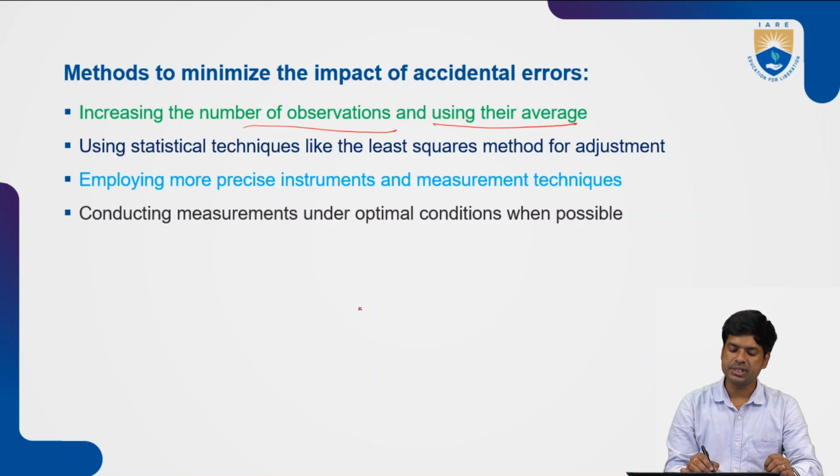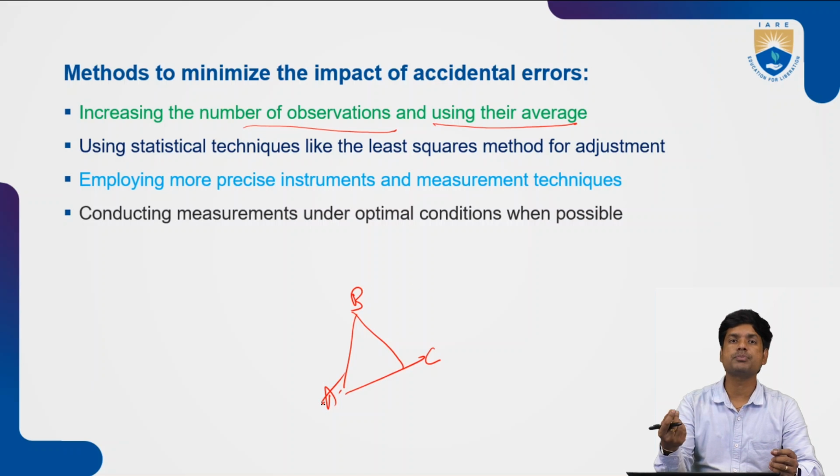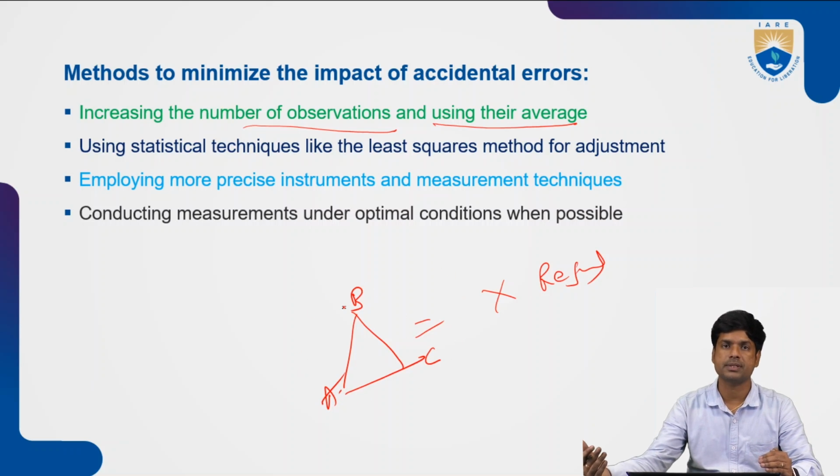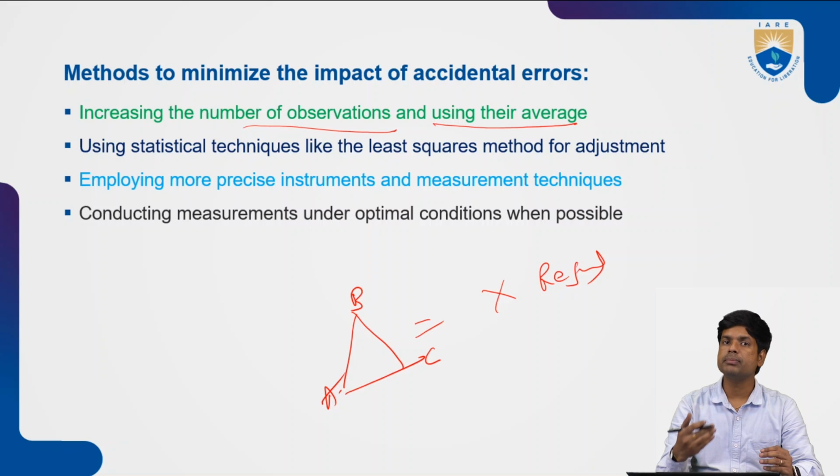Suppose while measuring any area by any particular sort of surveying, if you do this surveying only once, you may get small fluctuations or small movement in the instrument, and that is going to give some X result. But if you repeat the same surveying a number of times, these accidental errors may not repeat. We are not following one particular pattern, right?